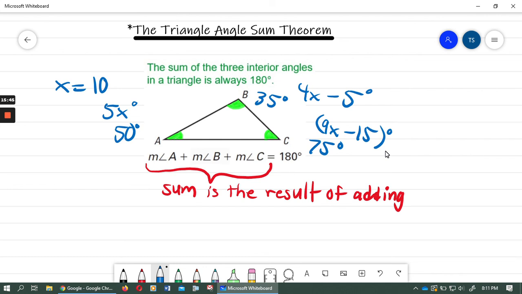But they might add other stuff in the problems that they expect you to know. And they'll want you to apply everything that you know to this, as well as applying this triangle angle sum theorem. So I'm going to show you a variety of different types of problems that you might see. So just bear with me here.